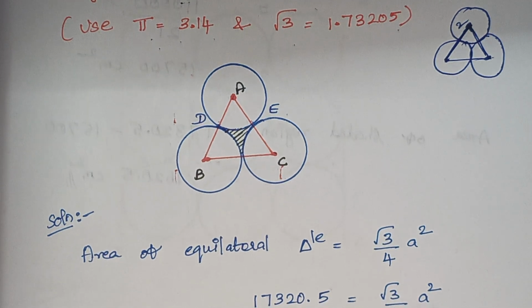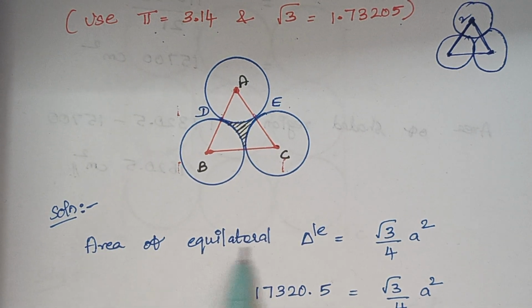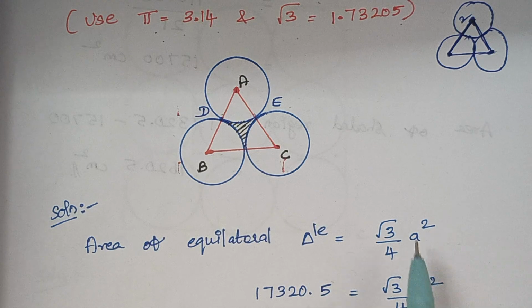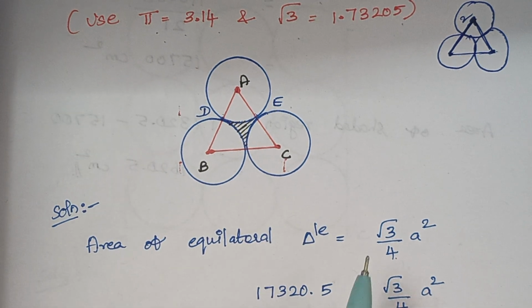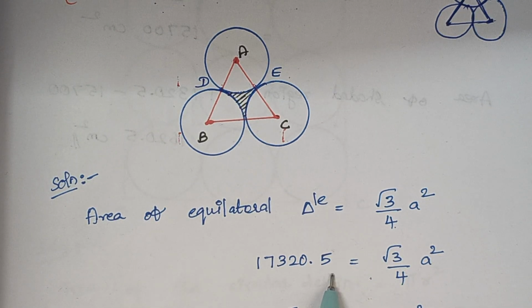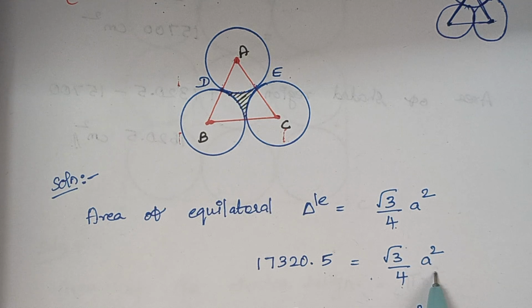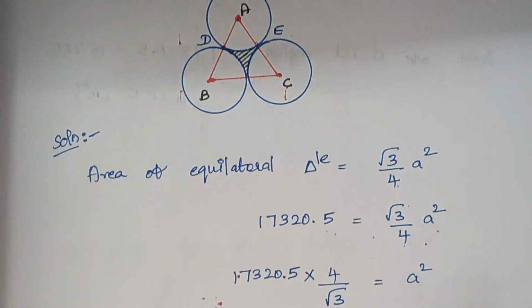Since this is an equilateral triangle, as given in the problem, the formula is root 3 by 4 a square. The value of the area is given in the problem, so just take it as such: 17320.5 is equal to root 3 by 4 a square. Here a is the side of the triangle, and I want to find a.